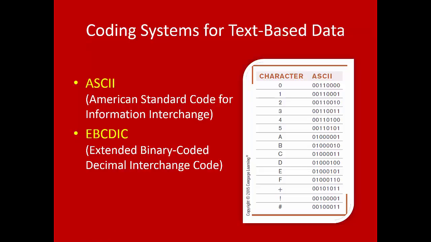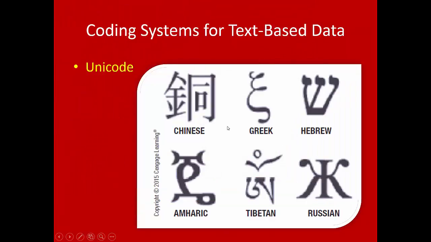By the time you include all the numbers, 0 through 9, and uppercase and lowercase letters, and things like plus signs and exclamation points and pound signs, you basically run out of characters. By the time technology got to around the world, there were all these characters from other languages that didn't fit within ASCII because it could only hold 255.